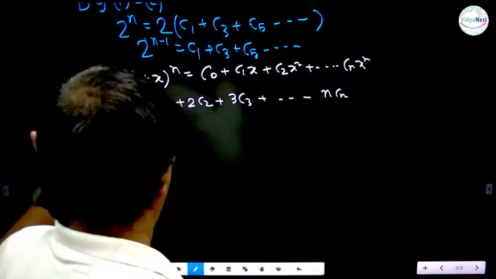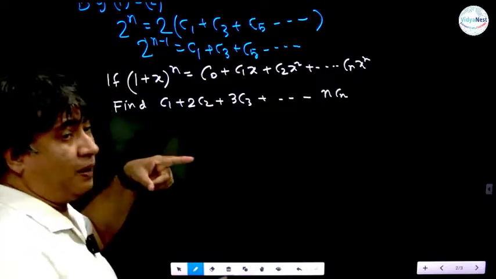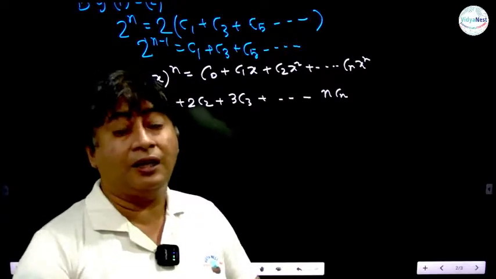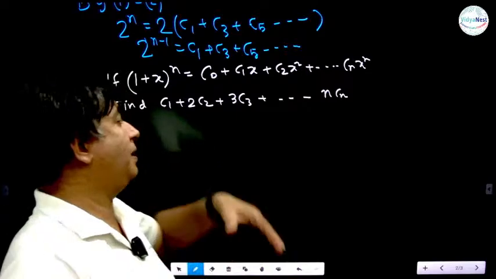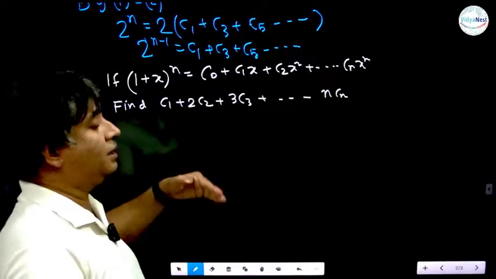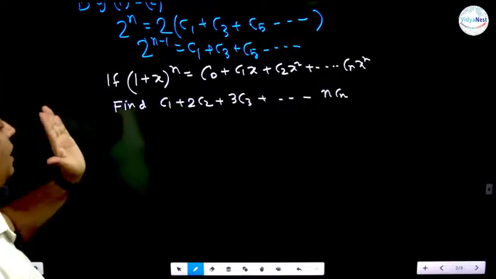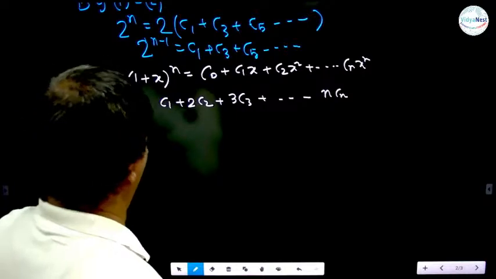First, I will show with the pure binomial method, because those who are orthodox mathematicians cannot accept the use of calculus in binomial. But there is a change, we need a shortcut trick. But first I will show you how to do it by the normal binomial method.